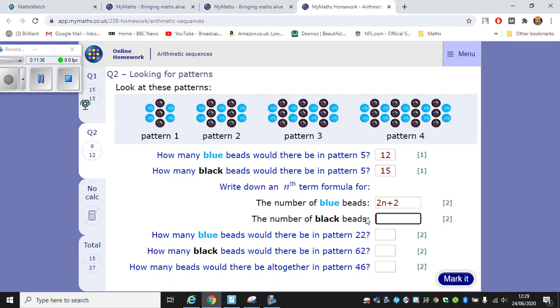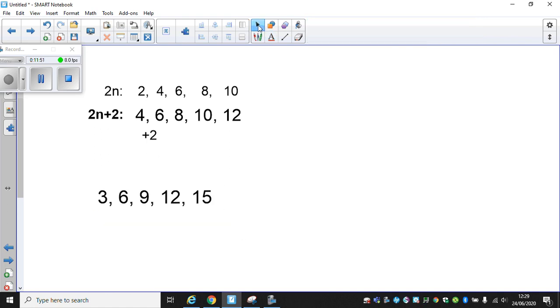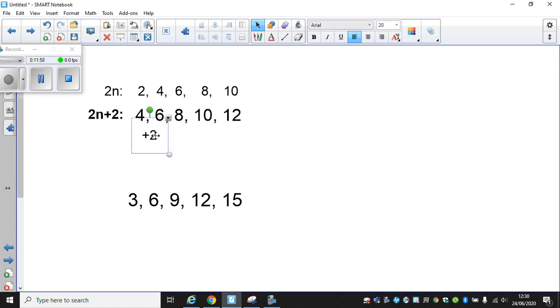What is the nth term for the black beads? So we've got 3, 6, 9, 12. Let's just write that on my working out page. 3, 6, 9, 12. And then we predicted that pattern number 5 would have 15. So our pattern is going up in 3s each time. So plus 3, plus 3, plus 3. So I know it has something to do with the 3 times table.